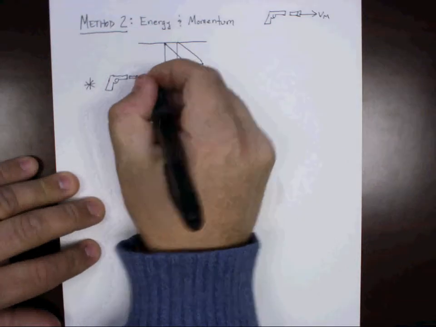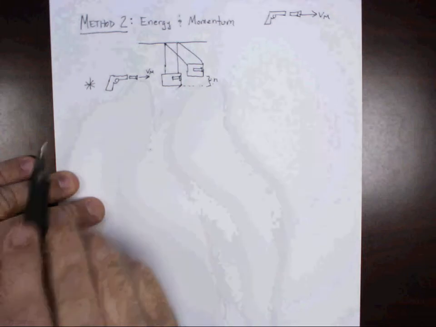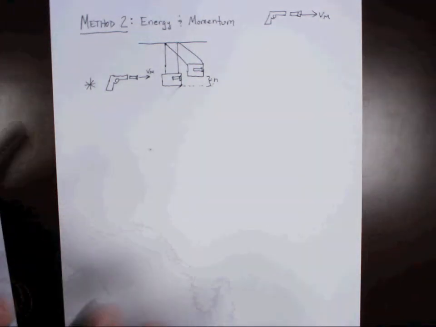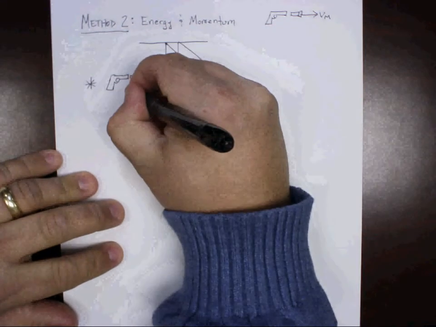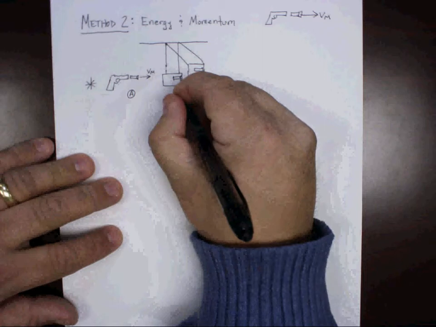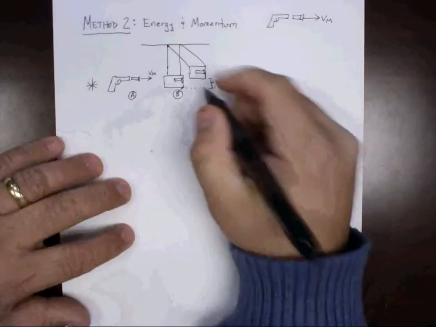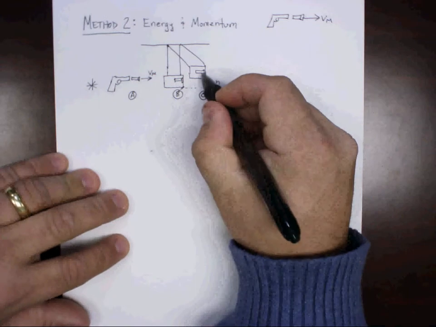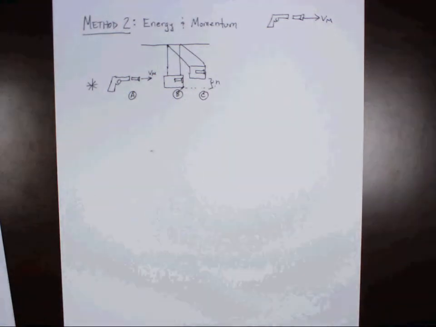Then if we measure the height it climbs, there's a way for us to work backwards from the height the box swung up to, all the way back to finding the muzzle velocity of the dart. That's pretty cool. Now, to do this, we need to look at this in 3 separate locations. A, when the bullet comes out of the barrel.